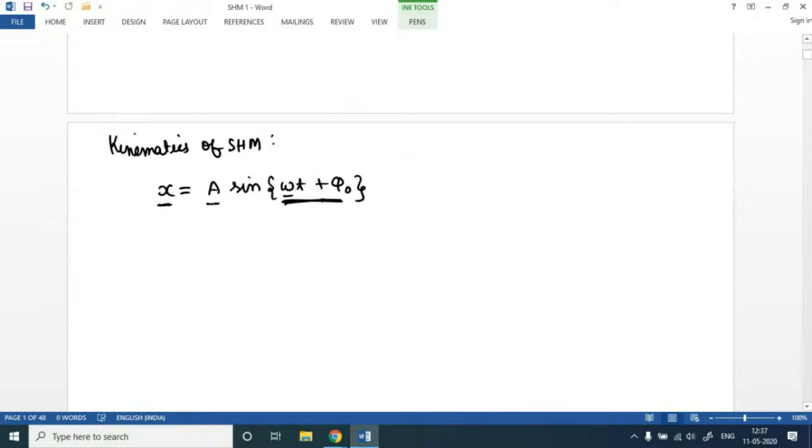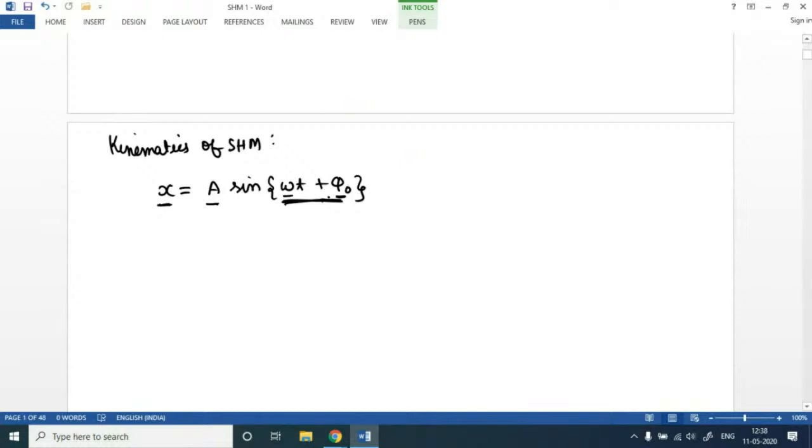Here A is termed the amplitude of SHM, which is nothing but the maximum displacement from the mean position. And this ωt + φ₀ is the phase, and this φ₀ is termed the initial phase, because at t equal to 0, the phase of SHM will be nothing but φ₀. So that is how SHM is represented as a function of time.